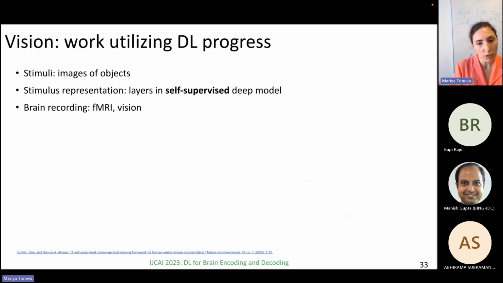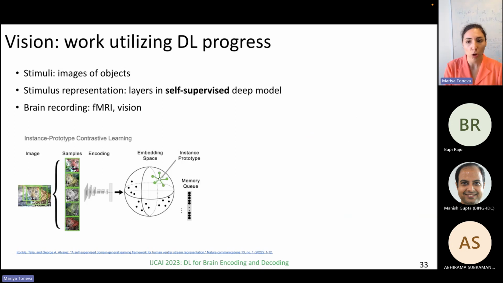And now some more recent work which uses self-supervised models. Here they used representations from a contrastive learning approach to explain fMRI responses of people processing different images of objects.